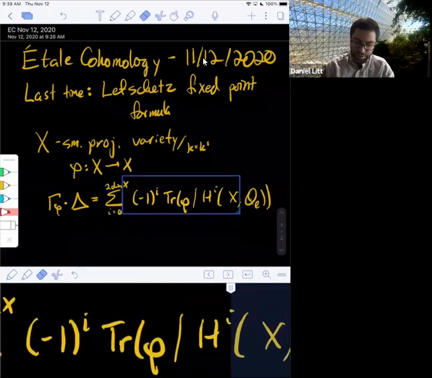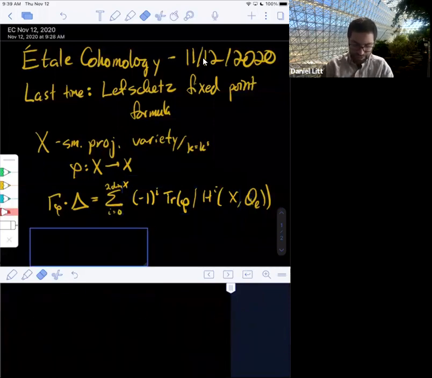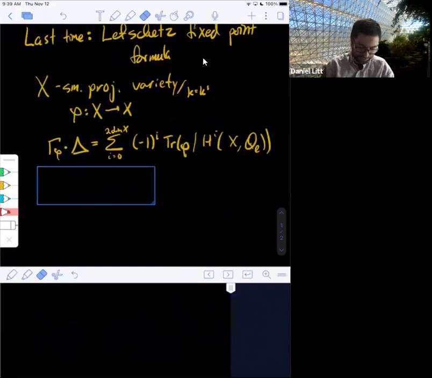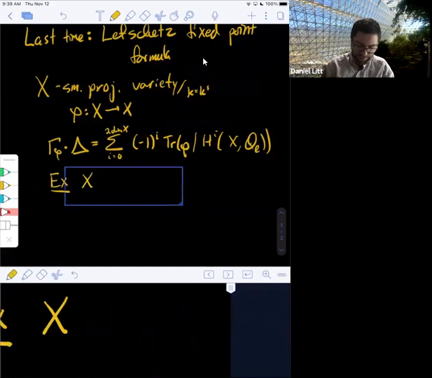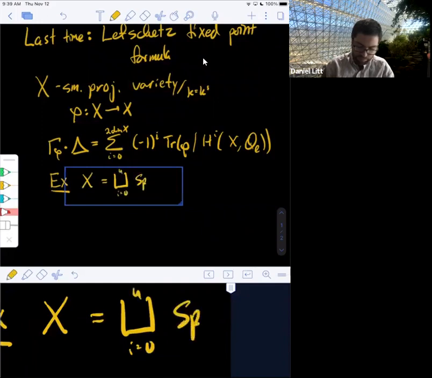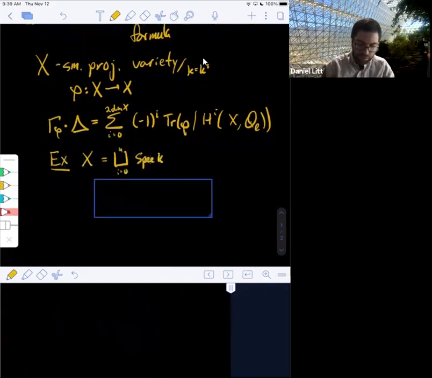Yeah, so maybe it's worth noting, let me actually give you an example of this, which we can prove with no effort at all. So if X is just a disjoint union of copies of Spec K, then what is this saying?